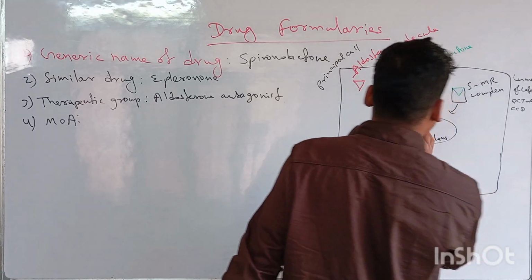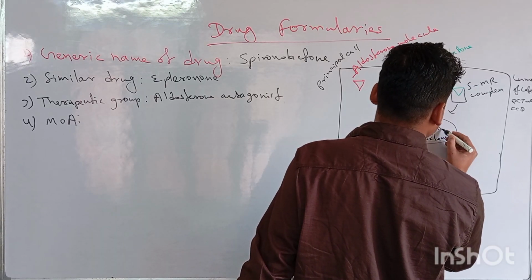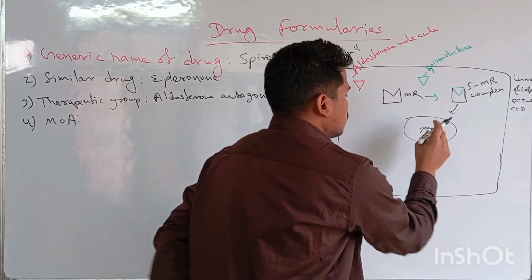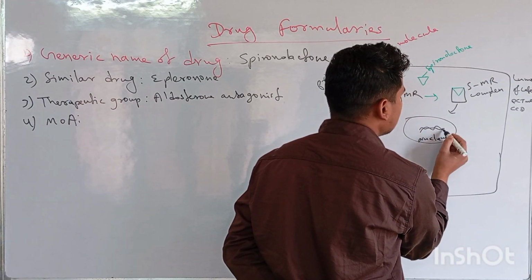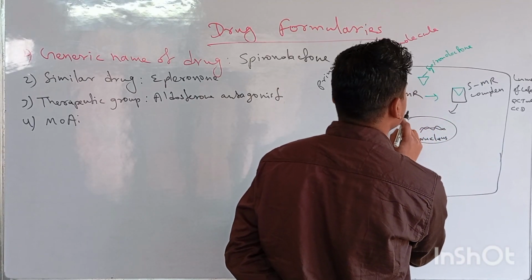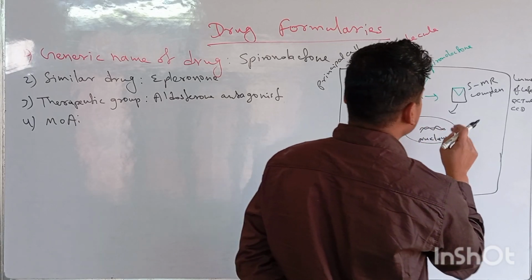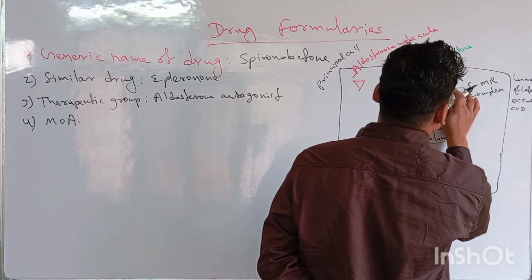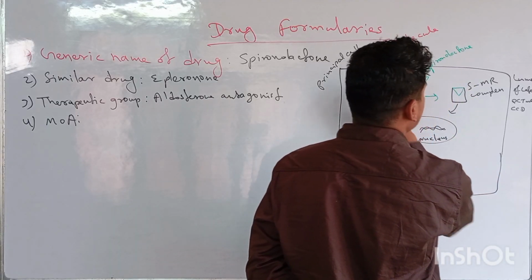You know in the nucleus there is the DNA. This complex will bind at a particular space, the hormone response element. For the mechanism of action to proceed, aldosterone should bind here, because if spironolactone is bound, the mechanism will stop here.